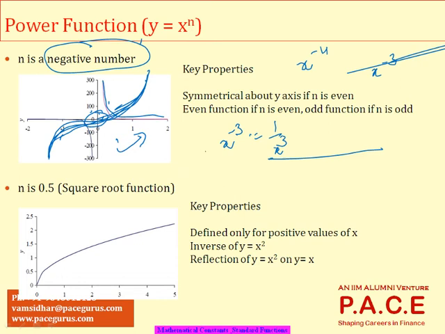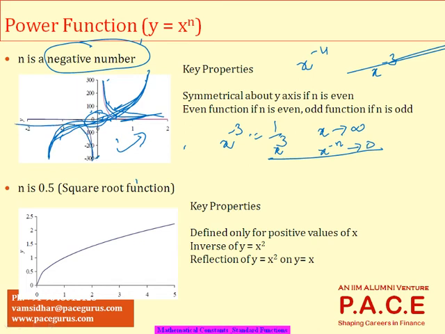So what we typically see is a decreasing function, and as x tends to infinity, this x to the power of -n will tend close to 0. So it will be on both the positive as well as the negative side.